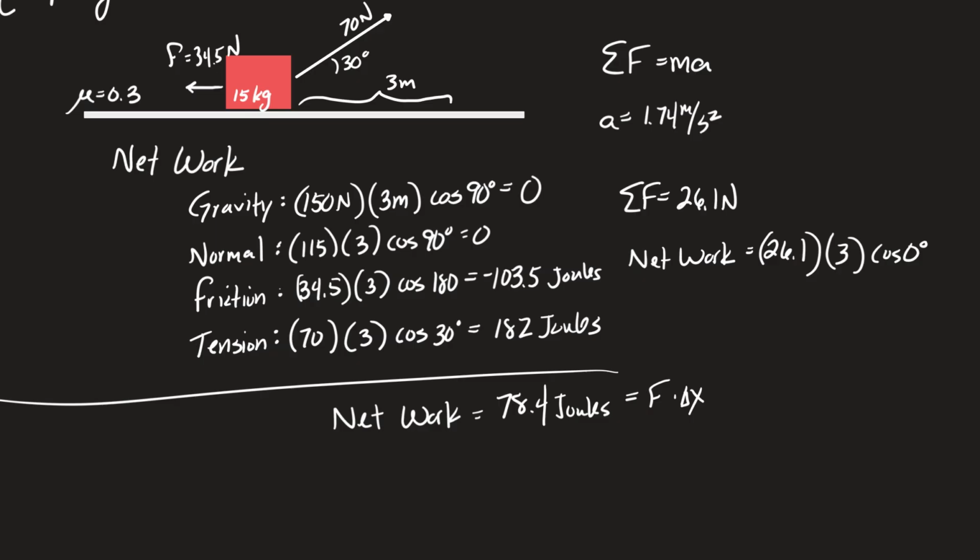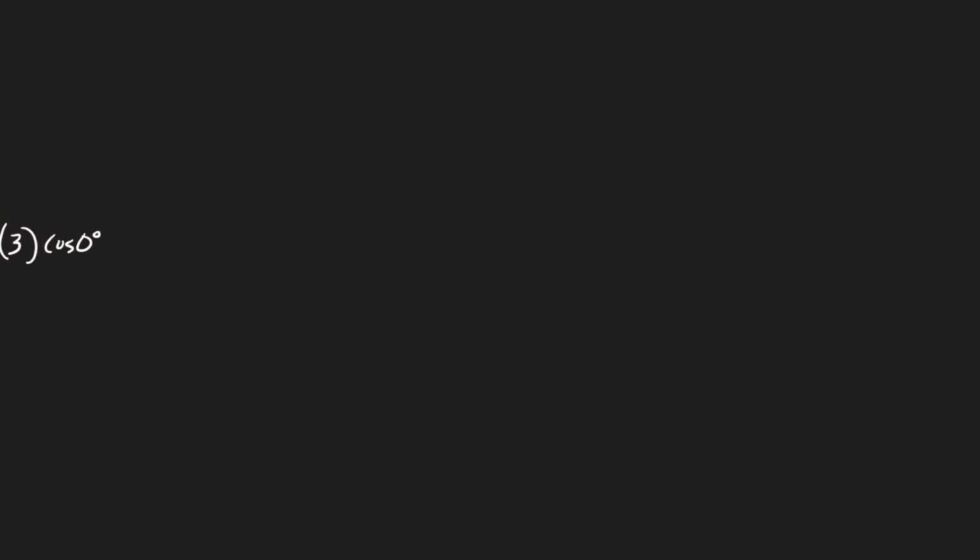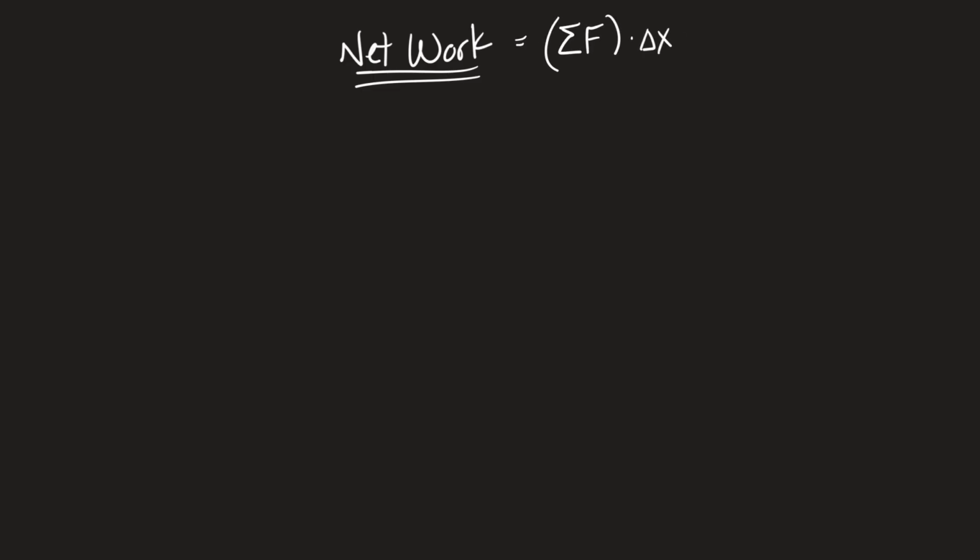So take a moment. All right, then we're going to do something as an aside. And I want you to pay very close attention to this because I want you to see something. We defined net work two different ways. One of those ways was finding the net force and using the net force to compute work, which means taking net force times displacement and assuming that the net force was in the direction of the acceleration, which is a reasonable assumption.